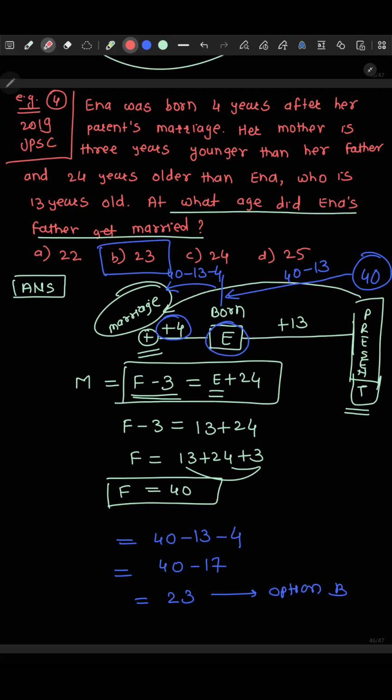So with this problem, just try to change the methodology. Even if you go with X and Y, you can solve this problem. Such creative problems are asked in the UPSC examinations. We have seen almost 4 problems from the past examinations.